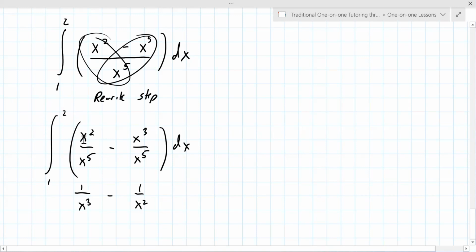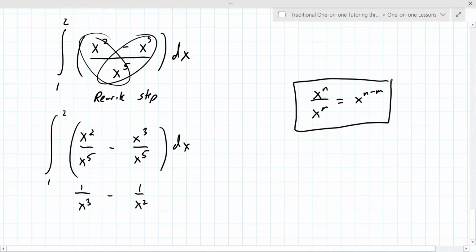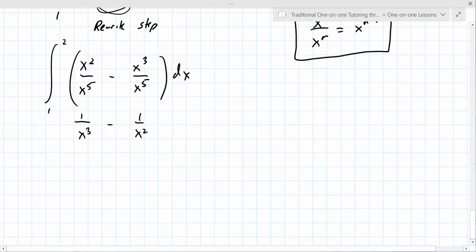Wait, so you did 5 minus 3. Yes. So x to the n over x to the m is x to the n minus m. 1 over x squared. And we still have not evaluated the integral, found the antiderivative.